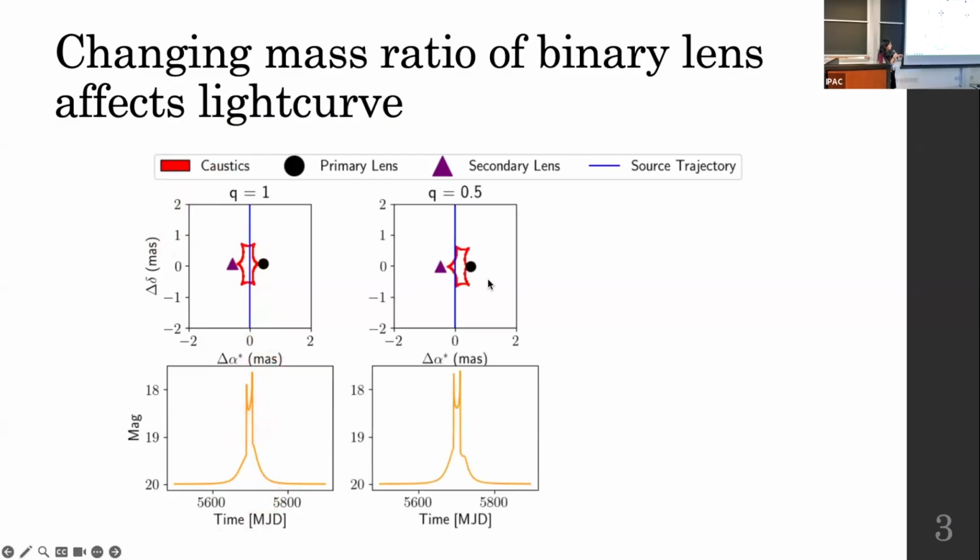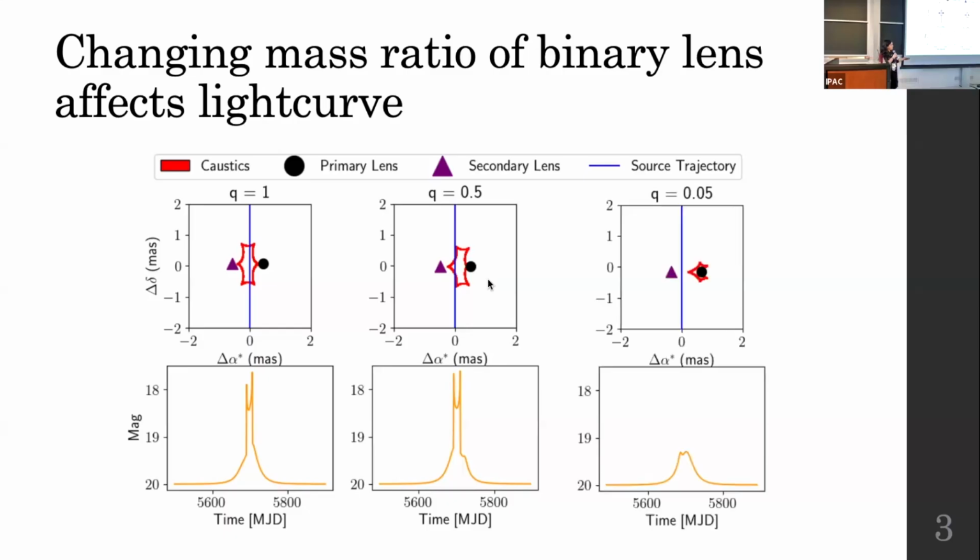And to give you a sense, when we change the mass ratio so that the secondary lens is half as massive as the primary, the caustics change, and so does your light curve. And here's one more example. In this case, it's not a caustic crossing. Of course, that's dependent on your source trajectory, but you can get all sorts of different lensing geometries.